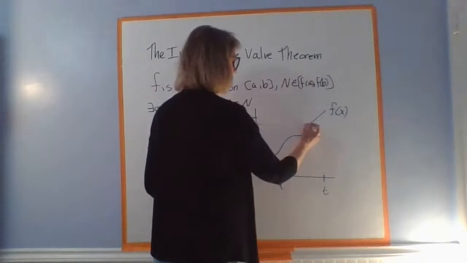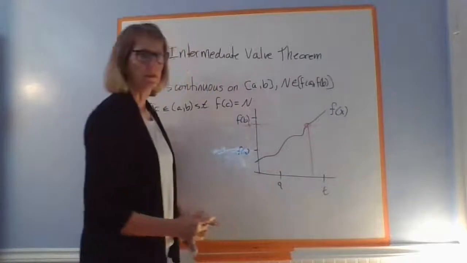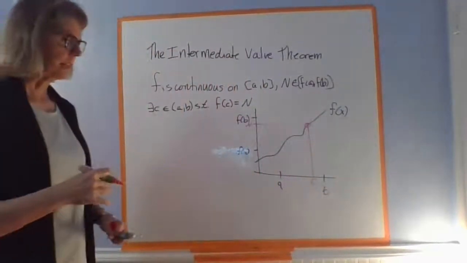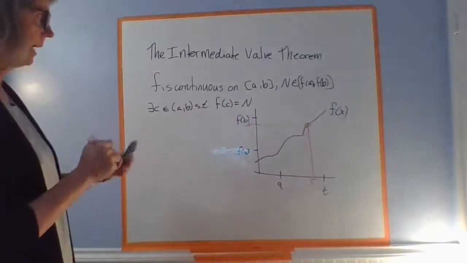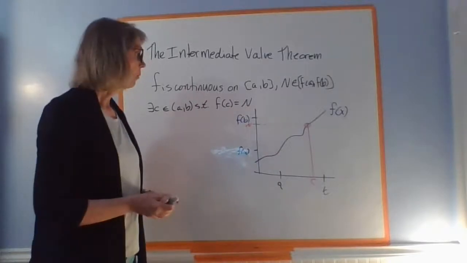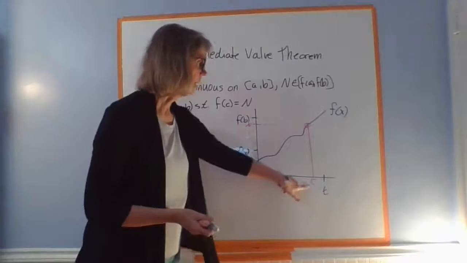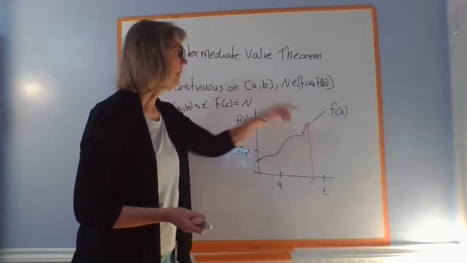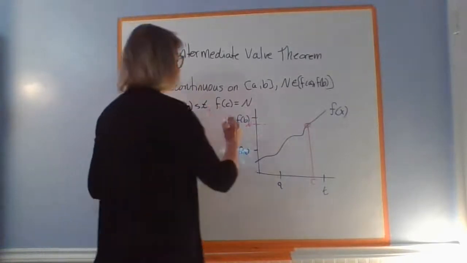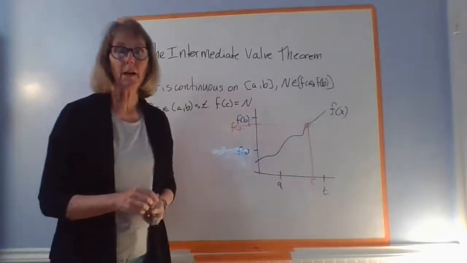If we drop down to the corresponding value on the x-axis, we can call that c. And for our example, we absolutely have the result of the intermediate value theorem, where c lives between a and b, and f of c is equal to n. So that is the intermediate value theorem.